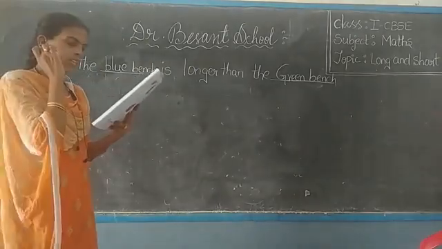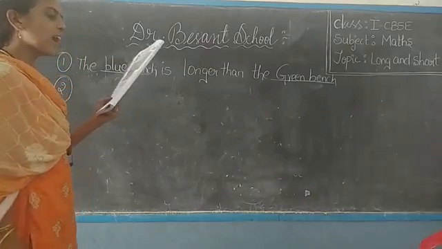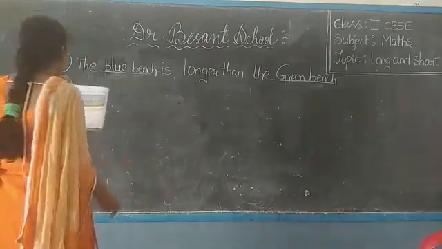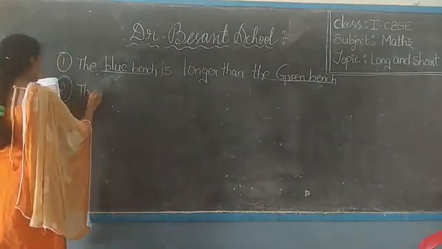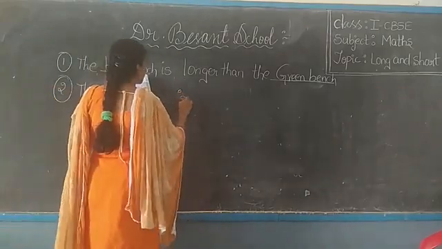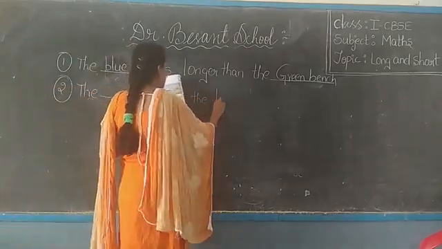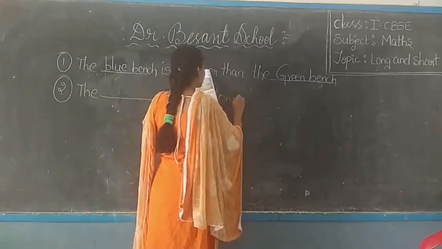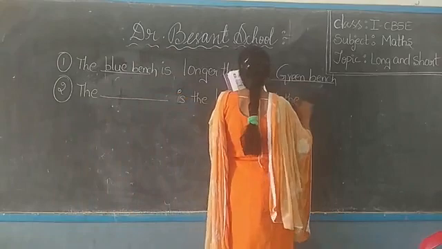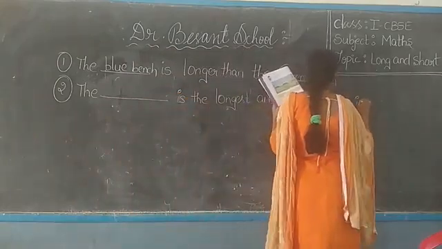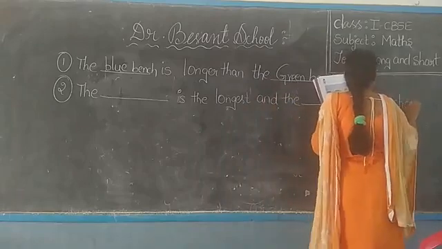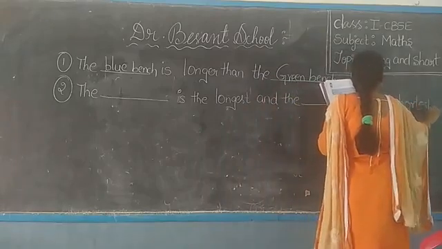So what is there? The dash is the longest and the dash is the shortest. So here we are going to write which color? So which one is the shortest bench, children?